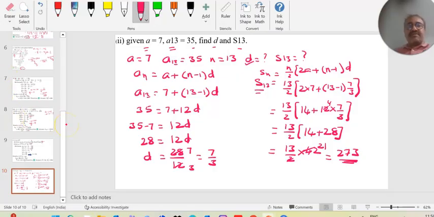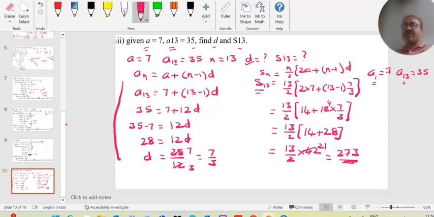అంతేకాకుండా ఇప్పుడు డీని ఇలా చేసాం, ఇక్కడ నుంచి ఇక్కడ మనం d ని ఫైండ్ అవుట్ చేసాం. అలా కాకుండా షార్ట్ కట్లో ఎలా చేయొచ్చు? a is given, a is 7 means nothing but a1 is 7, right? Next, a13 is 35. మనం చాలాసార్లు అనుకున్నాం ఇక్కడ 1 ఇక్కడ 13.